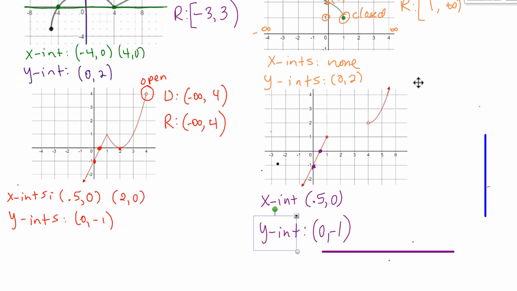Okay, let's try domain. Here's my little blue stick. Starting in the middle of the graph, I'm going to go left, left, left, left, left. Oh, there's an arrow on it, which means it's going to go forever and ever. All right, so there's a left point.